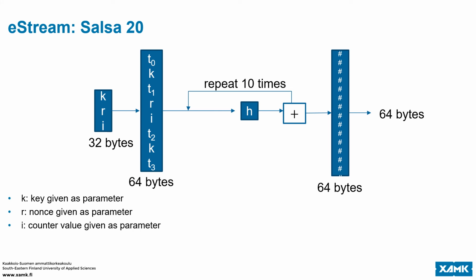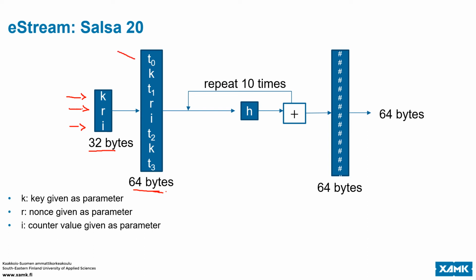First we take all of the parameters that we received and expand those parameters from the 32 bytes that they use to 64 bytes. And this is done using some constant values.